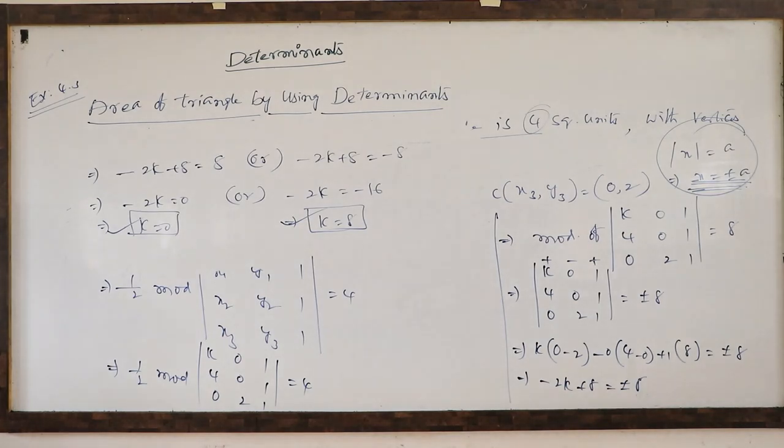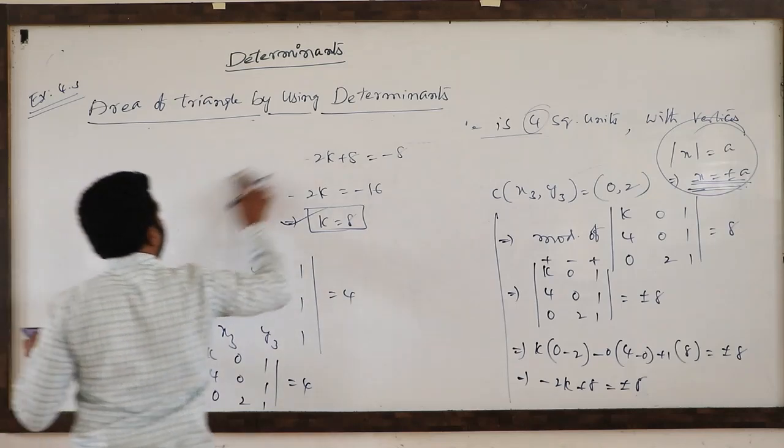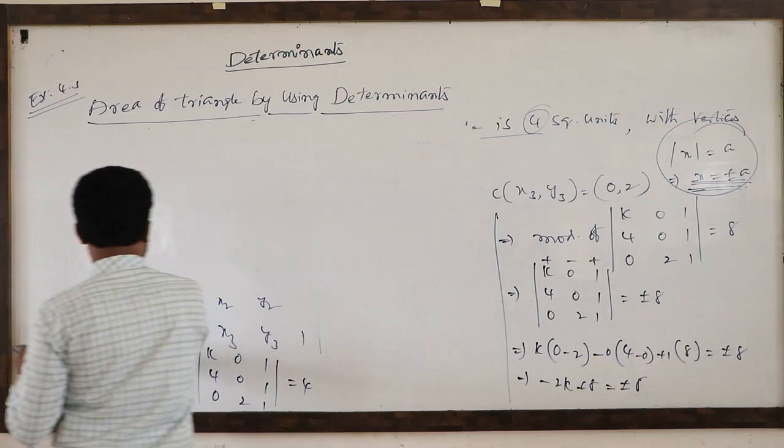Then what about the fourth one? In the third question, another two problems, only one problem is there that you have to practice yourselves. What is that problem? I will give you; the same procedure you have to follow.